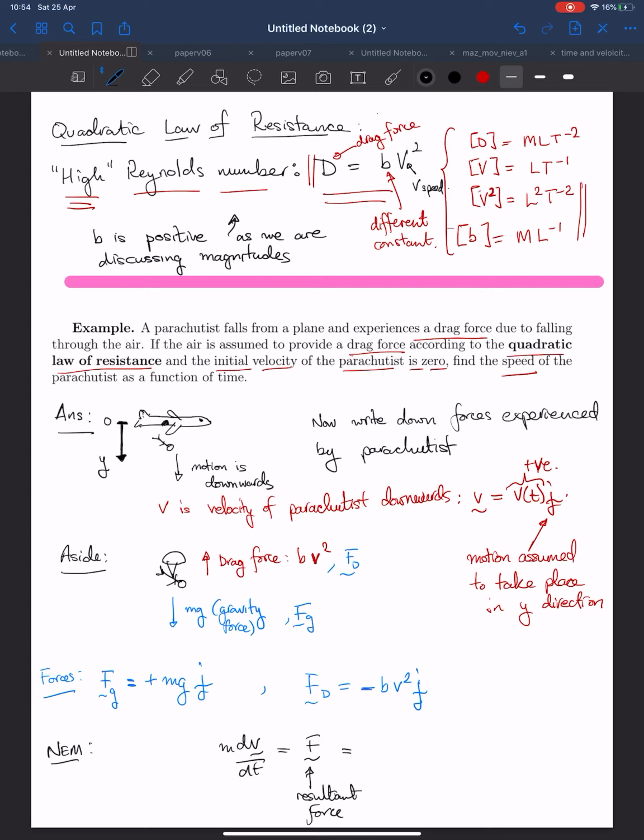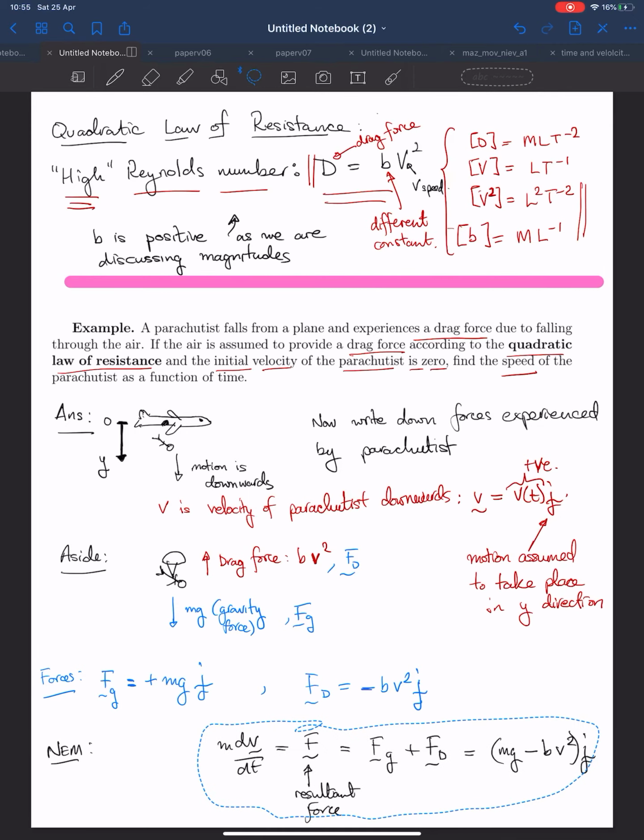Resultant of a collection of vectors just means sum up the vectors you know. So in this case, if I sub in what I know, I get mg minus bv squared j. Good. So now, if I just take this across, I'm going to continue to substitute in what I know.